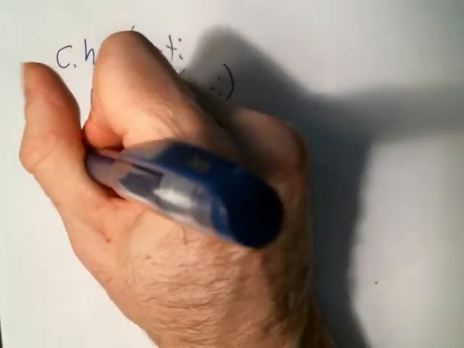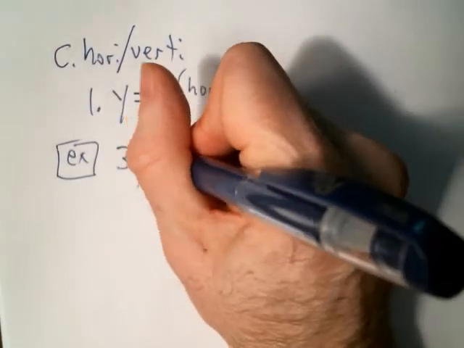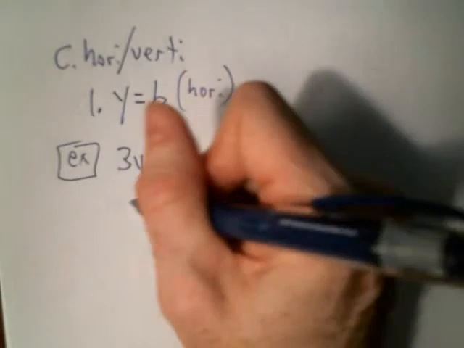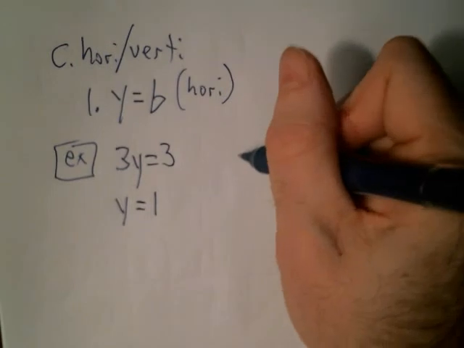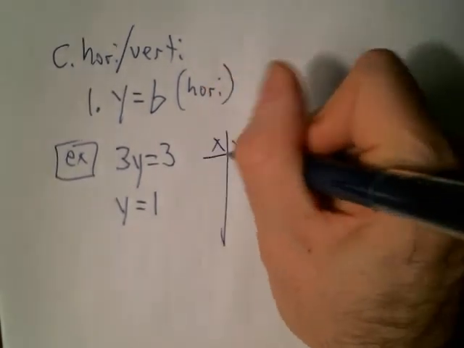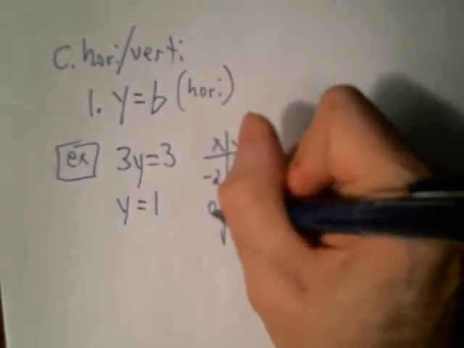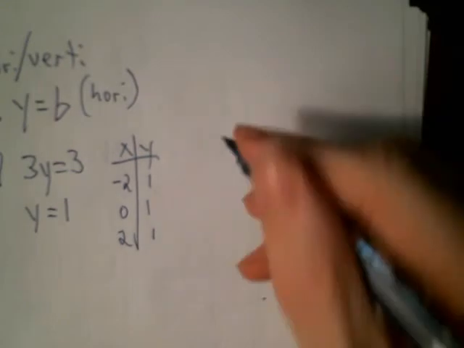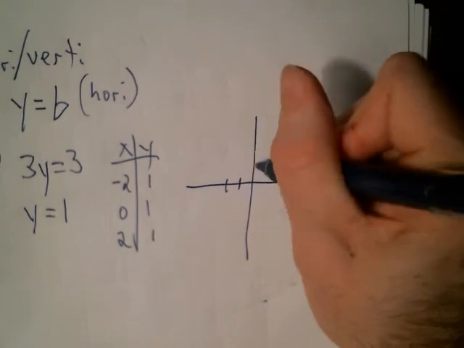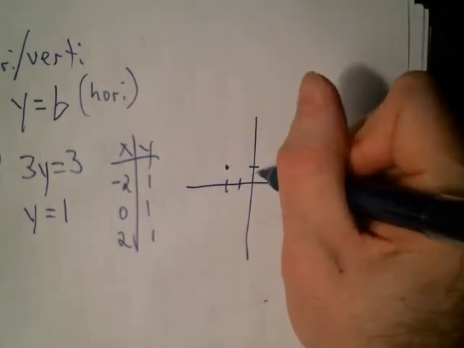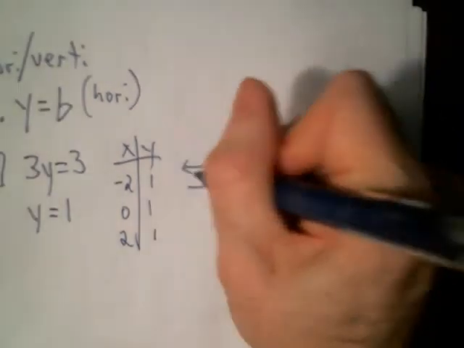For example, 3y equals 3. You could simplify this by dividing both sides by 3, and you get y is 1. If you want to do a t-table, then this means y is always 1, and x can be whatever you want it to be. So you come over to your xy plane and plot this: 1 and 2, 1; 0, 1; 1, 2, 1. Connect the dots, and you're good to go.